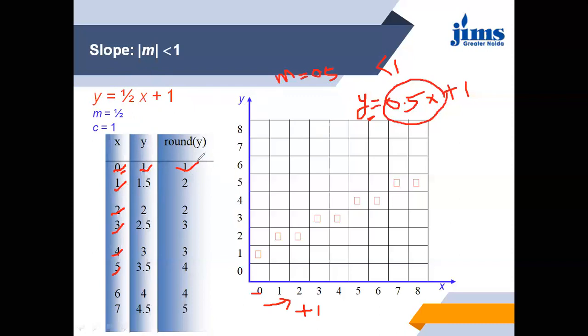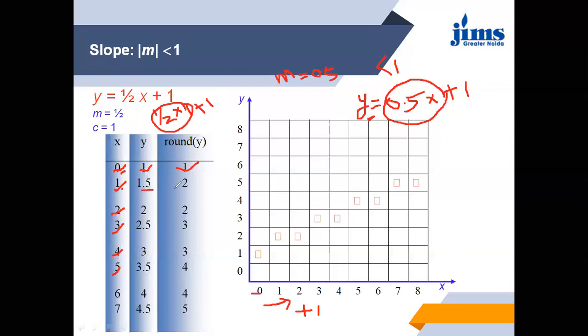In the next case, our value of y was 1, so this is 0.5 multiplied by the value of x, which is 1. So this plus this. This is 0.5 plus 1, that is 1.5.